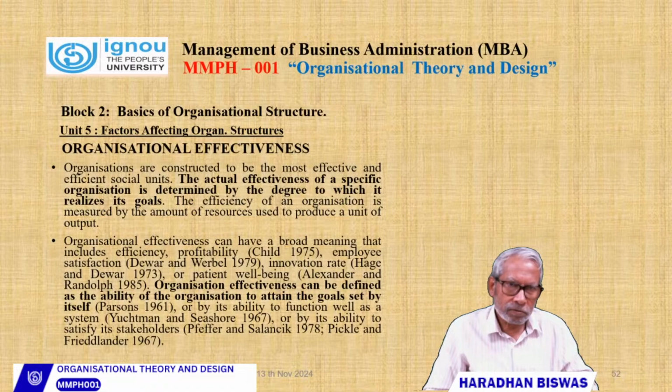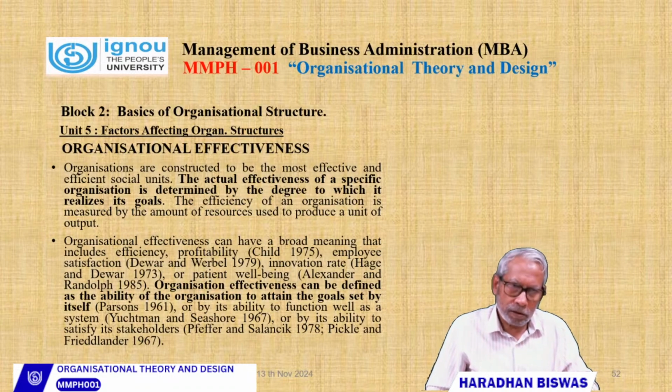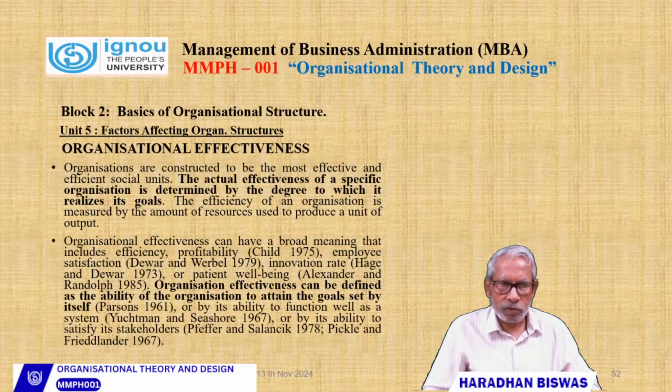Then effectiveness. The actual effectiveness of your specific organization is determined by the degree to which it realizes its goals. How much realization it has, how much capital, or in terms of the degree, then only you can say yes, effectively it is used and efficiently the company has worked.